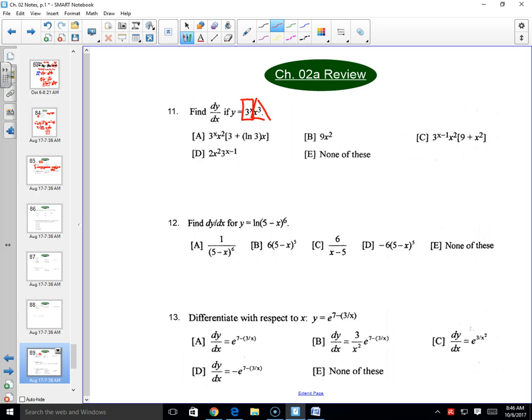I'll give you guys a second. Second times derivative of first plus first times derivative of second. What do you guys do for the derivative of the first?